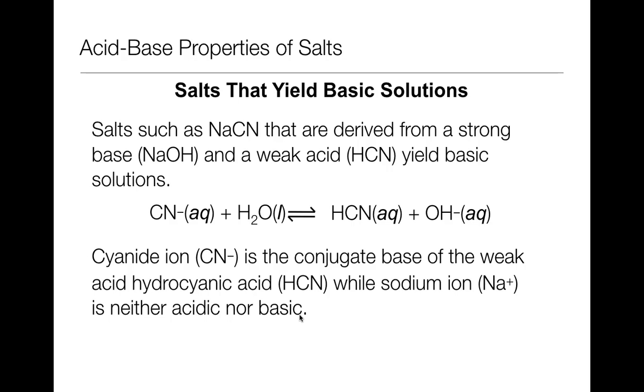Cyanide, however, can react with water and accept one of the hydrogens from water. What this ends up doing is disturbing the balance between hydroxide and hydronium of pure water. It took some of the hydrogen from the pure water, so you're now going to have an excess of hydroxide. And so by dissolving the sodium cyanide, you actually create a basic solution.